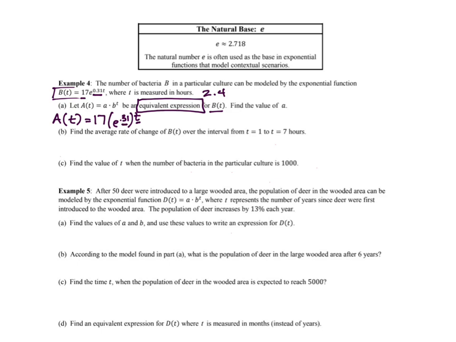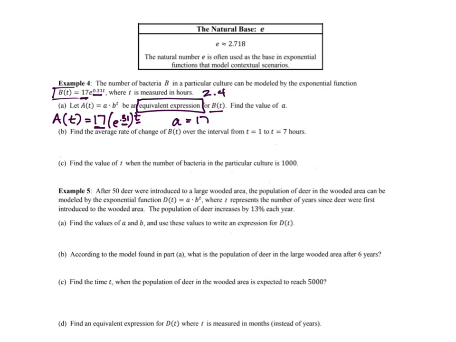Find the value of a. 17. A is still 17. The initial value here is the same as the initial value on B of t. We changed the base. So instead of the base being e, now the base is e to the 0.31, whatever number that is.